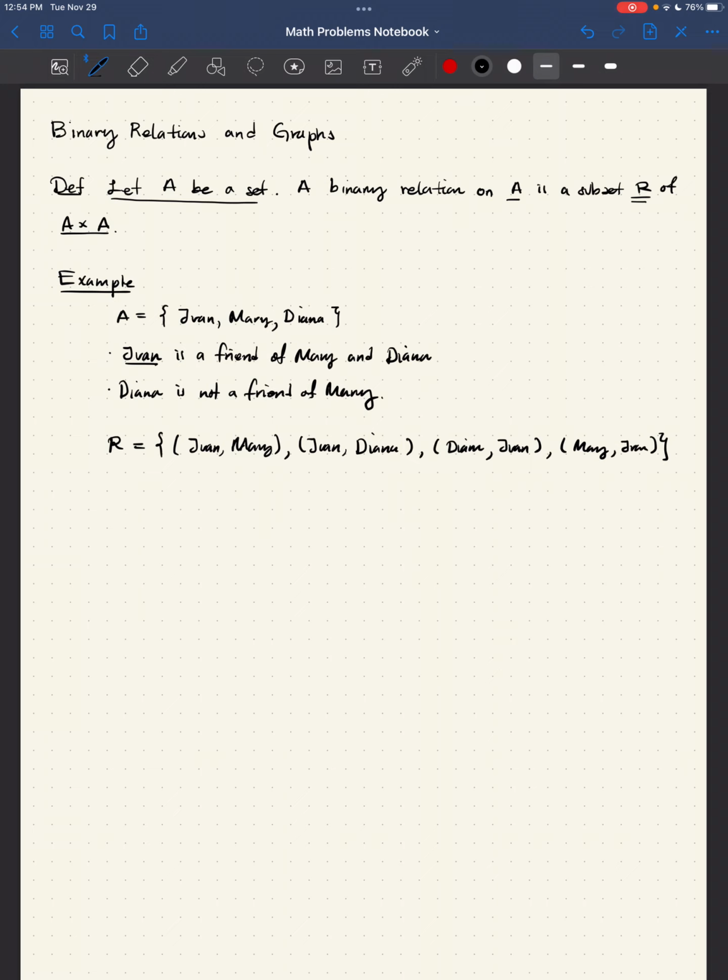And what we can see here is that R encodes the friendship relation of the collection A. Of course, we may say, just as an additional point, that we consider that this relation is symmetric.